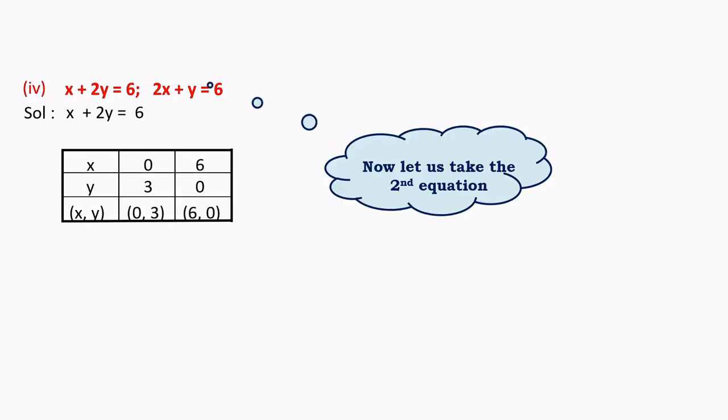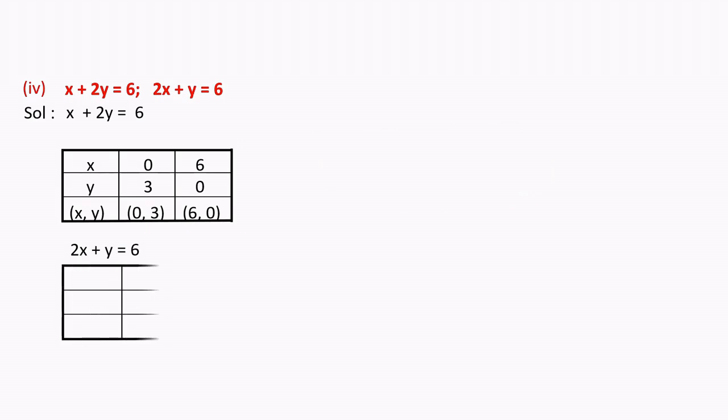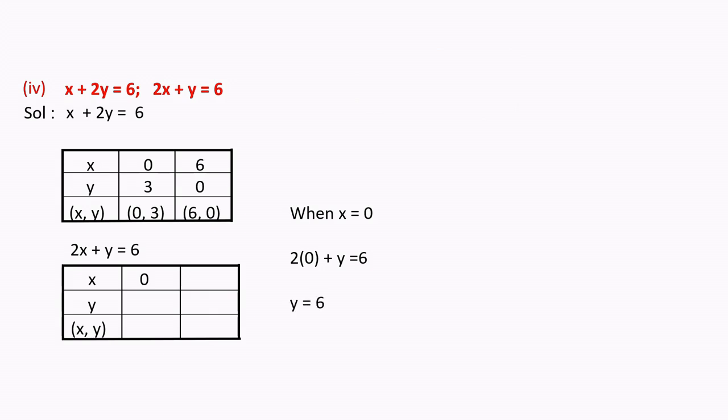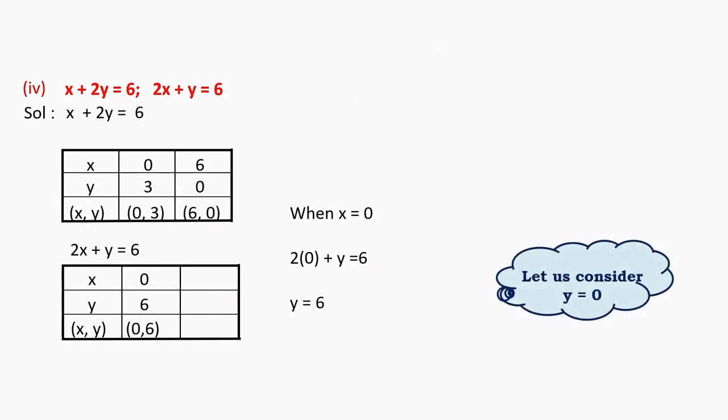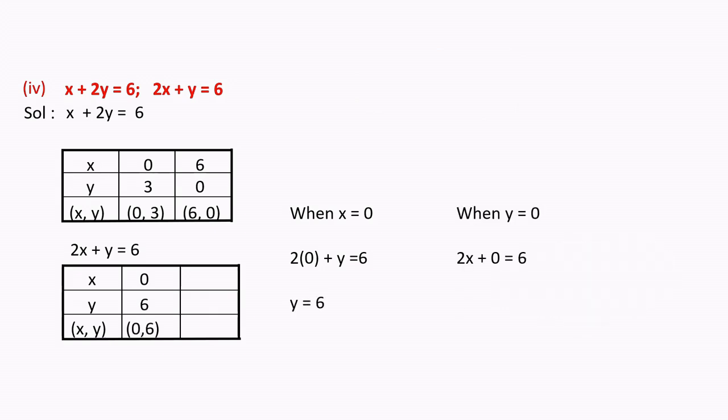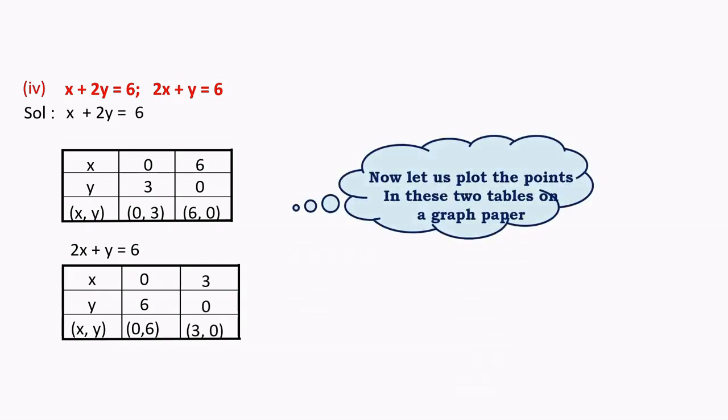Now, take the second equation, 2x + y = 6. When x is 0, we get y = 6. So, the point is (0, 6). When y is 0, we get 2x = 6, so x is 3. So, the point is (3, 0).